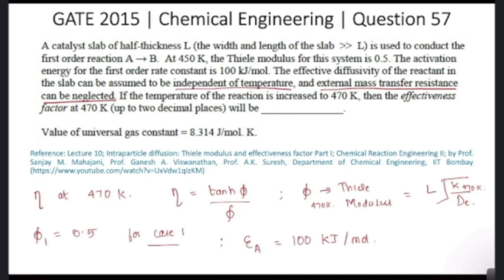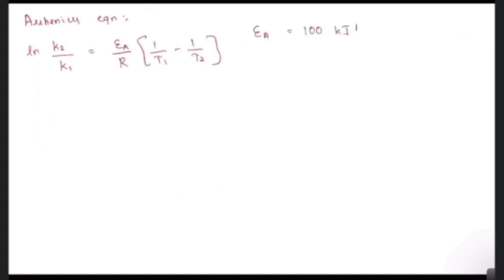So let us first start by using our Arrhenius equation. By the Arrhenius equation, ln k2 by k1 is equal to E by R into 1 by T1 minus 1 by T2. So here EA is given as 100 kilojoule per mole, which is basically 100 into 10 raised to 3 joule per mole.